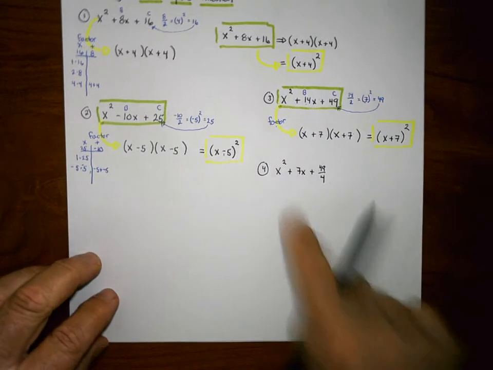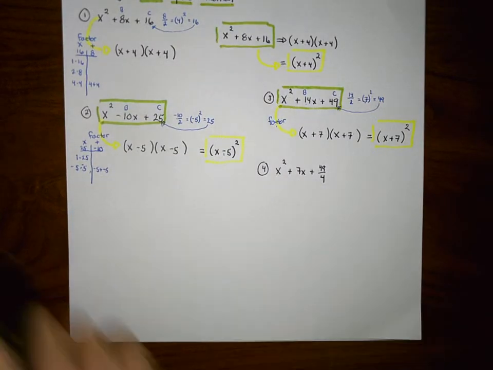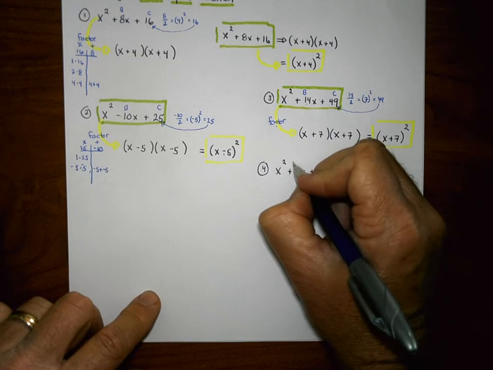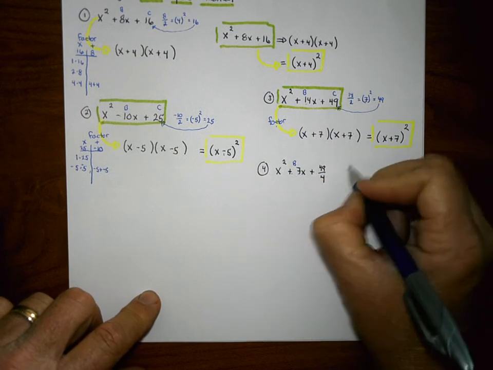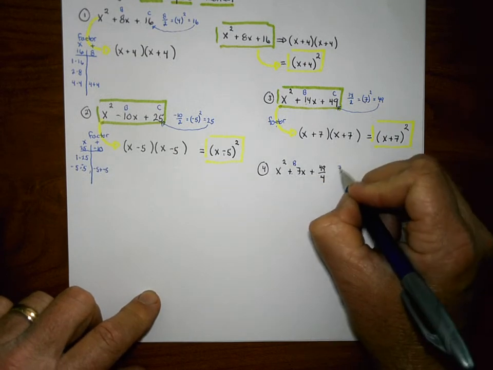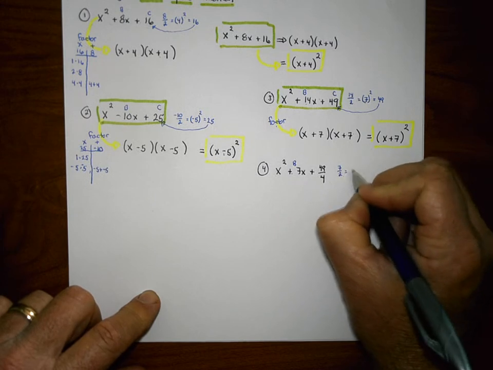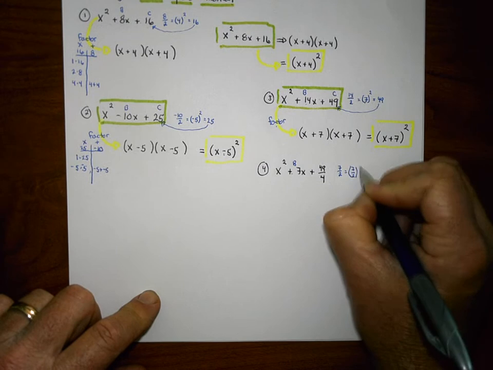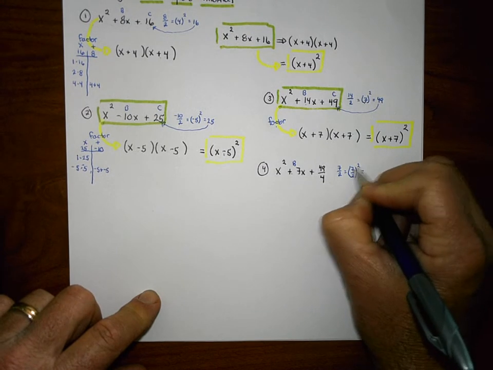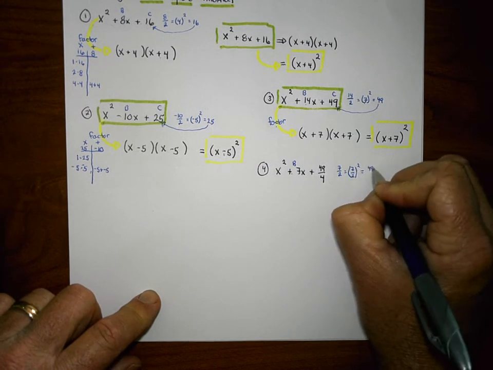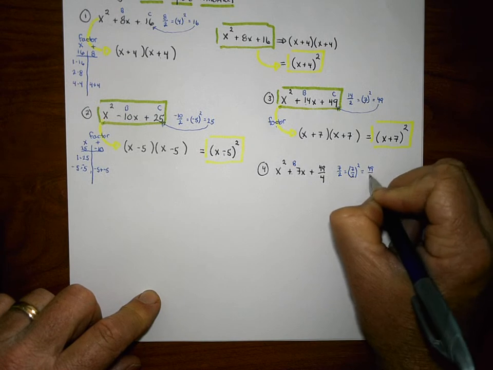First of all, let's see if this is a perfect square trinomial. So let's take the b value, which is positive 7. Let's divide it by 2. Now remember, if it doesn't divide evenly, leave it as a fraction. And then let's raise that to the second power. That is 7 to the second power is 49. 2 to the second power is 4.